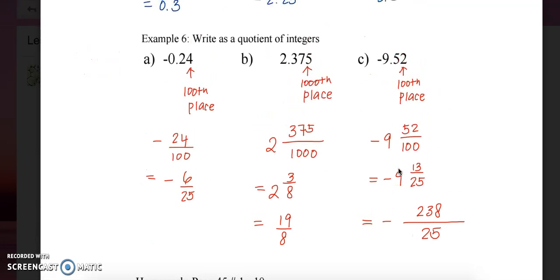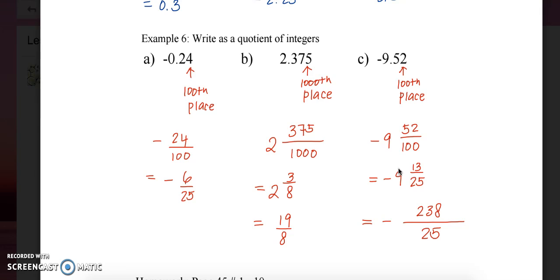Example 6, write as a quotient of integers. So here we're going to turn decimal numbers into fractions of integers. To turn decimals back to fractions, you will have to identify the last decimal place.